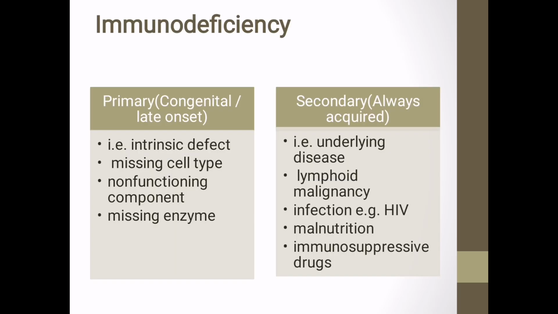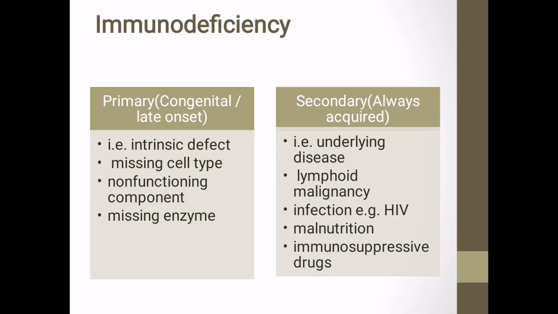If we compare primary and secondary immunodeficiency, the primary, okay, occurs from an intrinsic defect. It is due to a genetic defect. But in secondary, there is an underlying disease or use of certain drugs, as I said. And in the primary, usually sometimes there is a missing type. Also, it may be due to a non-functioning component.